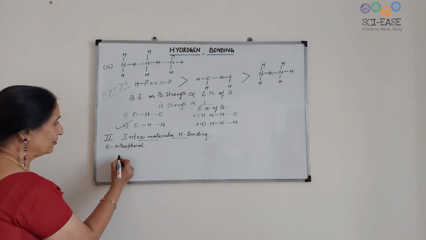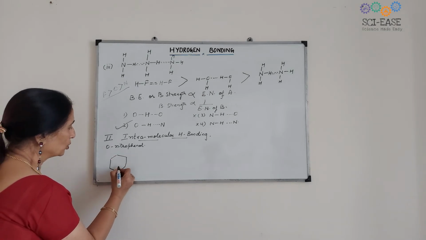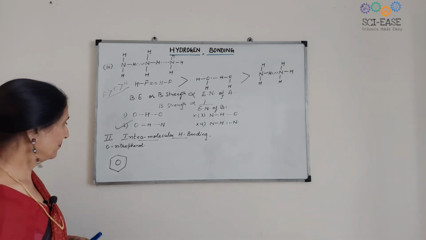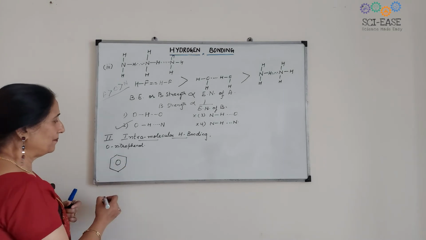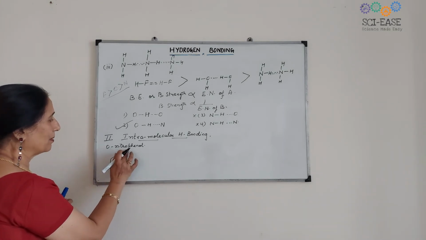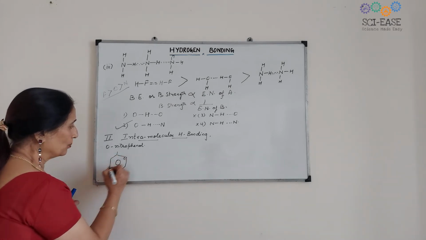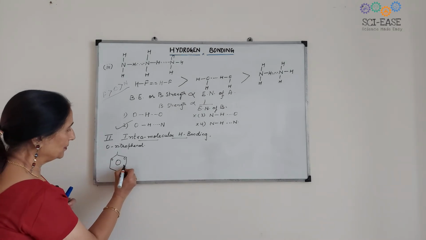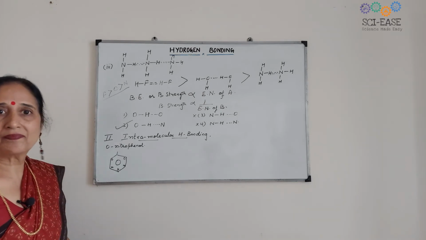First I will tell you what are the ortho, meta and para positions in benzene. This is the structure of benzene. Suppose here there is some functional group attached. So this is the ortho position. This is again the ortho position. These are meta and this is para position.